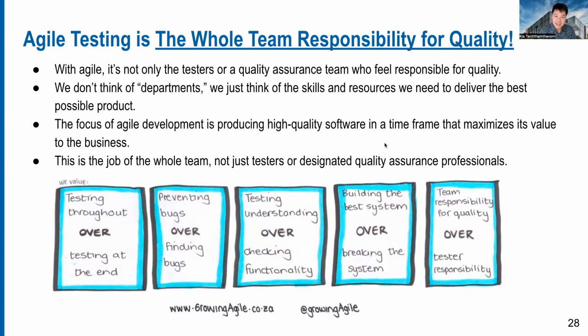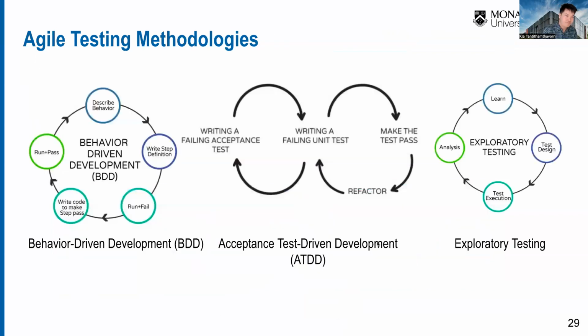Testing understanding over checking functionality, okay? Building the best system over breaking the system. Some testing approaches want to break the system to find the bugs, but we want to build the best system. And the last one, a team responsibility for quality rather than the tester's responsibility. These are the 5 values for agile testing.